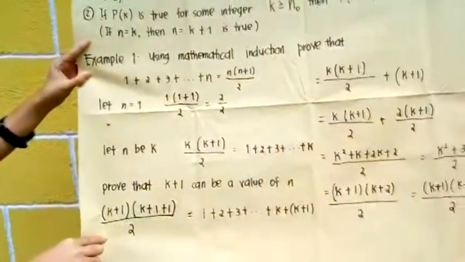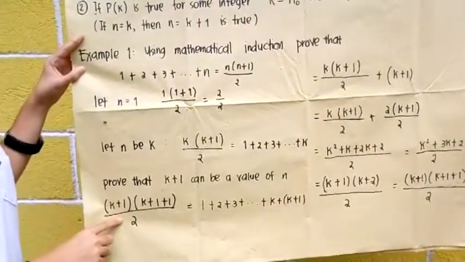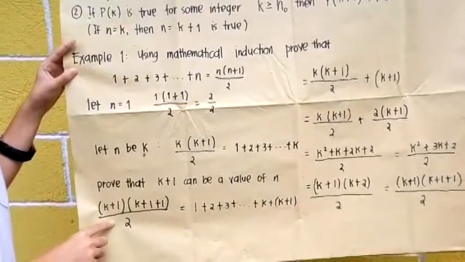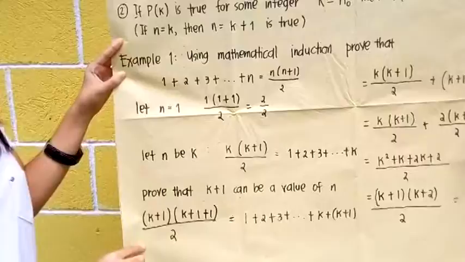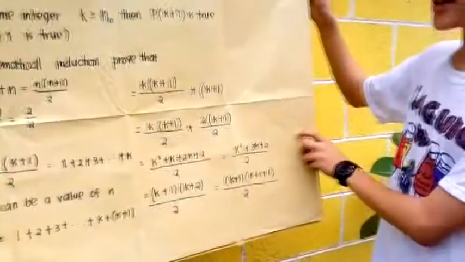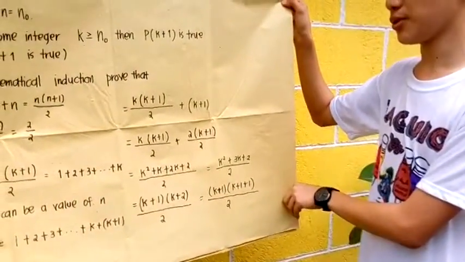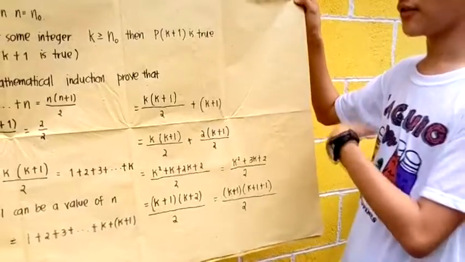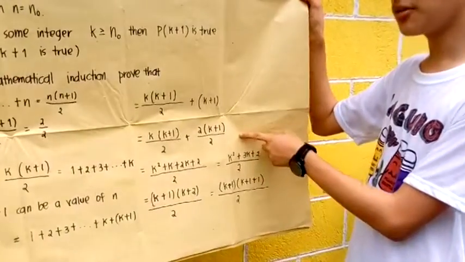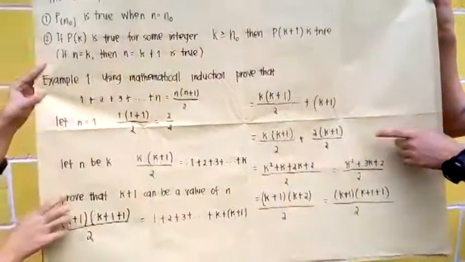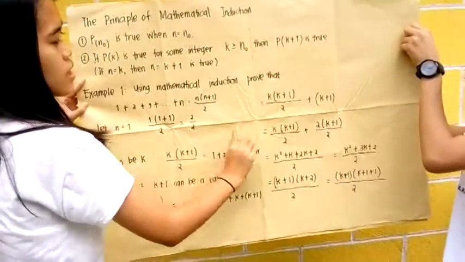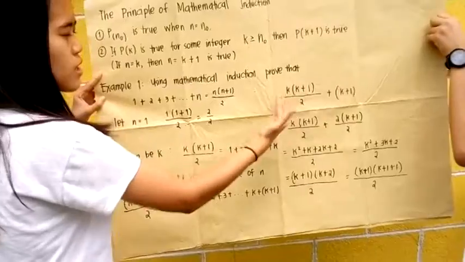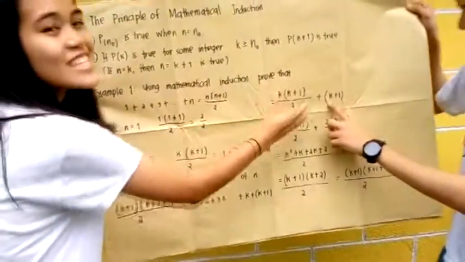So, we have to use the equation with regards to the k. First k. So, here, k times the quantity of k plus 1 over 2 plus the quantity of k plus 1. So, we will multiply by 2 to put this together.